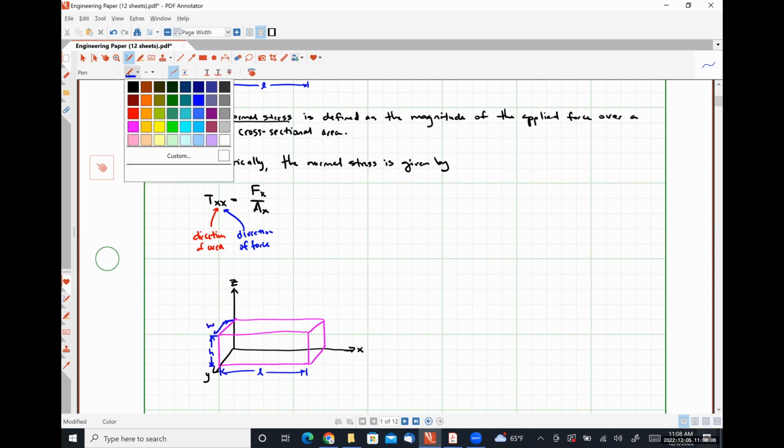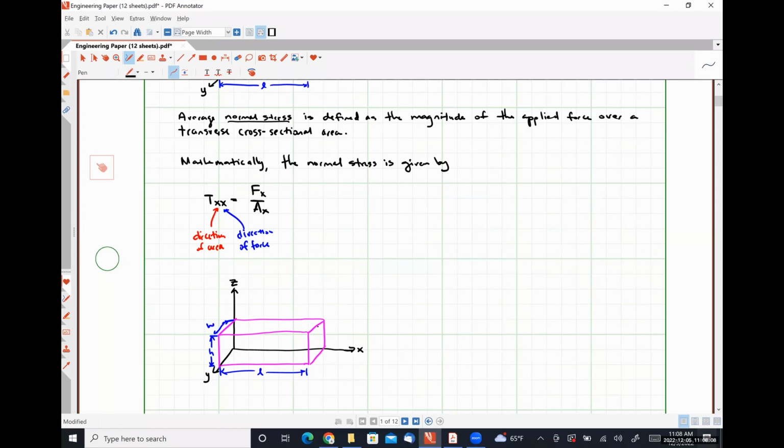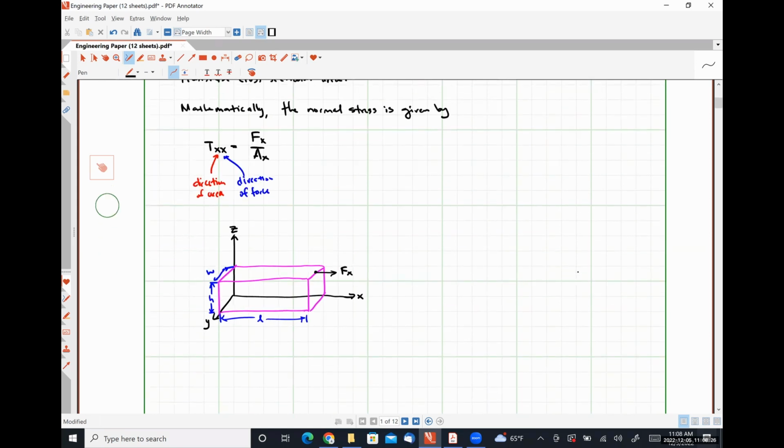And in this case, we are going to apply our force, still in the X direction, but we're applying it to an in-plane cross-sectional area. And so this is an example of shearing stress.